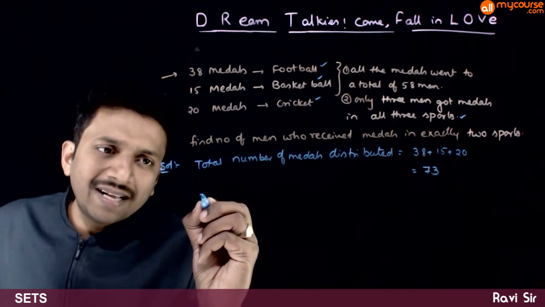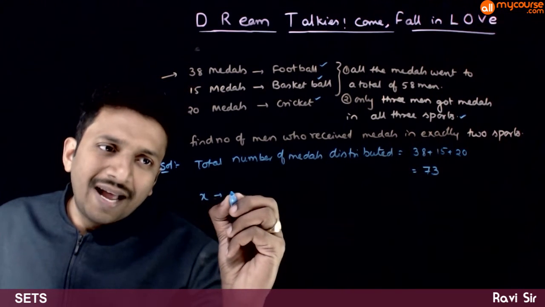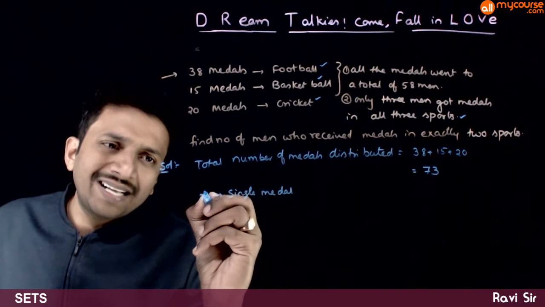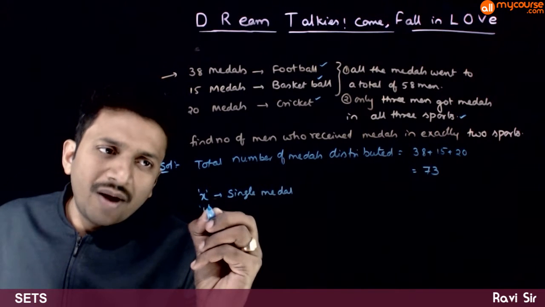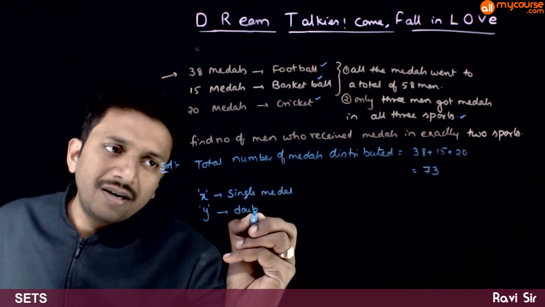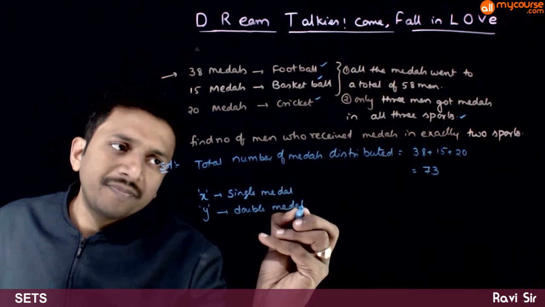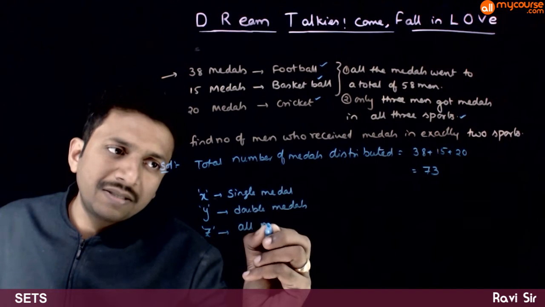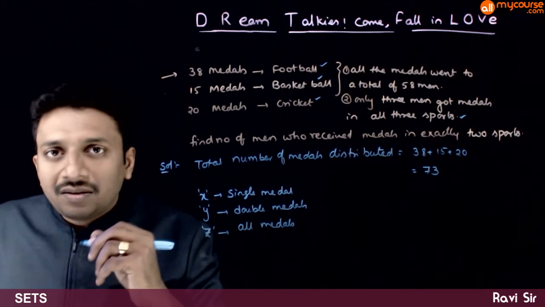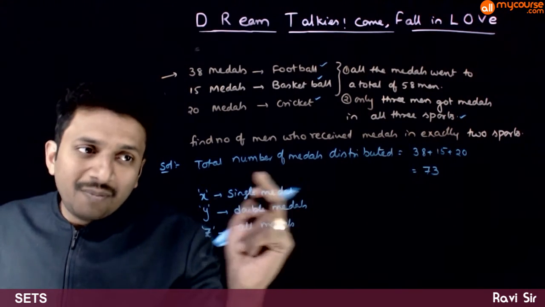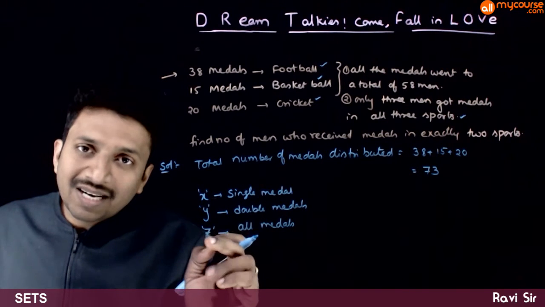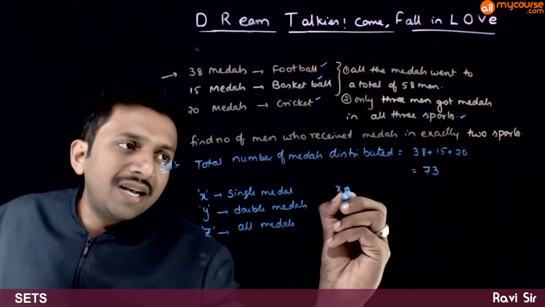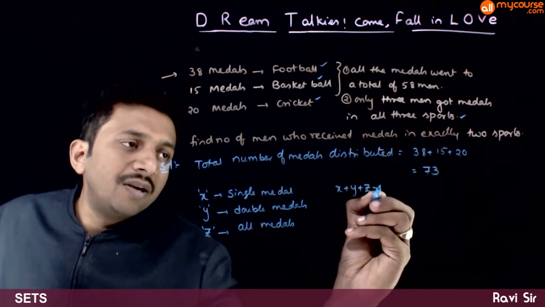So let us say that X men got a single medal, Y men got double medals, and Z men got all 3 medals. According to the given question, X plus Y plus Z is equal to 58.